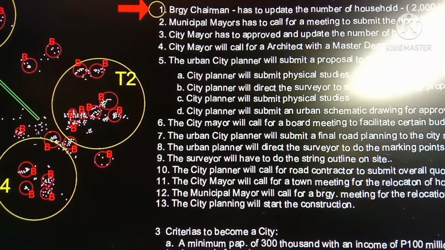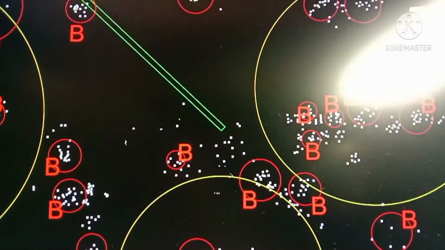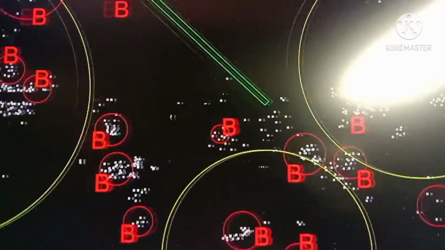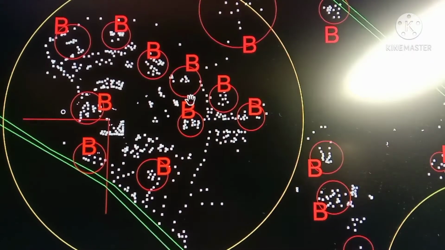Supposing this town is just building houses anyhow without proper planning. Without proper planning, transportation is a problem: how to transport their products to the main city.